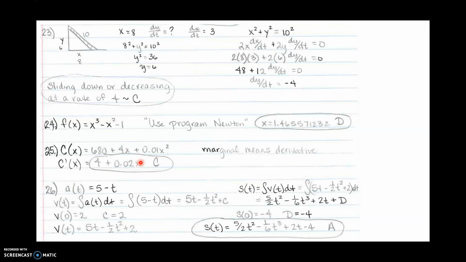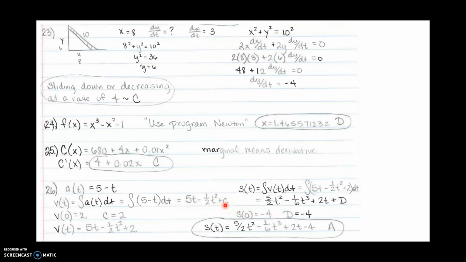All right, 26, they ask us, what is the position function of a particle given the acceleration and a few details? All right, if we integrate acceleration, we get velocity because acceleration is the second derivative and velocity is the first derivative. So let's integrate our acceleration. So antiderivative of 5 is 5t, and antiderivative of negative t to the first would be negative t to the second over 2, or negative 1/2 t to the second, plus c.